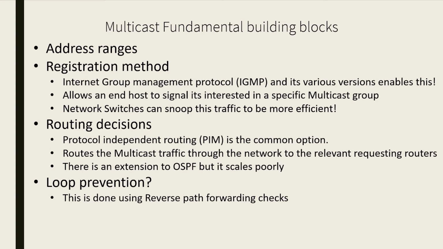You've got registration methods. So how do you know that host A and host B are interested, but host C and host D aren't? Well, the way that we do that is what I just briefly mentioned, IGMP, Internet Group Management Protocol. Effectively, it is collecting the state of and knowing who is actually interested on a local subnet layer. So this is working at a local layer to say, inside this subnet, these devices are interested, rather than saying across the network.